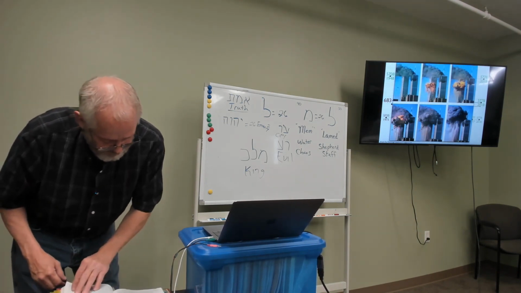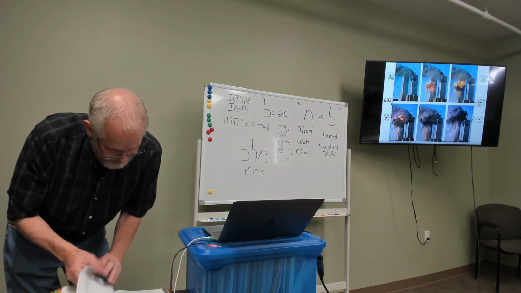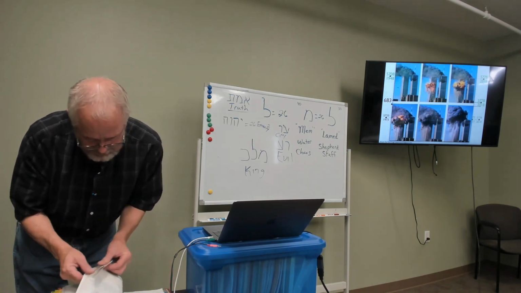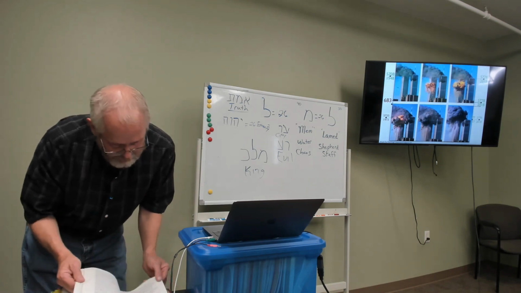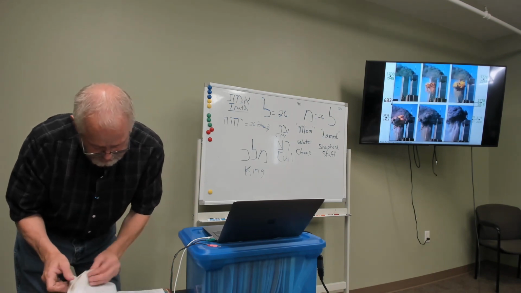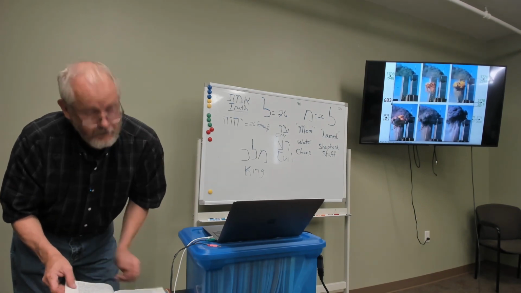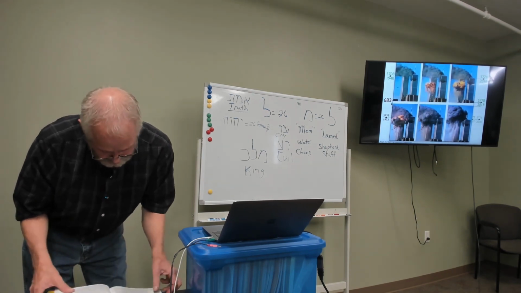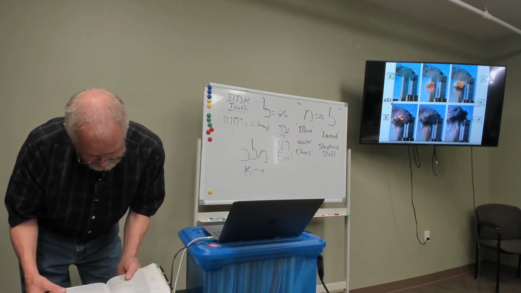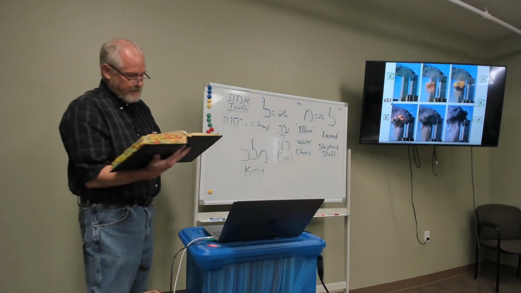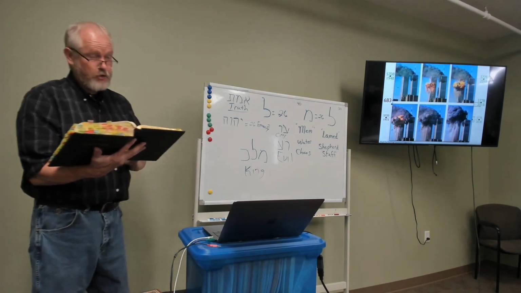We're back to chapter 4. It says, chop down the tree and cut off its branches, cast its foliage and scatter its fruit.